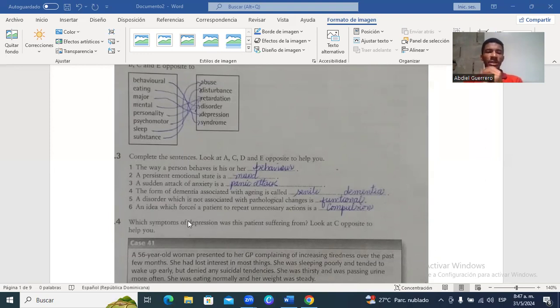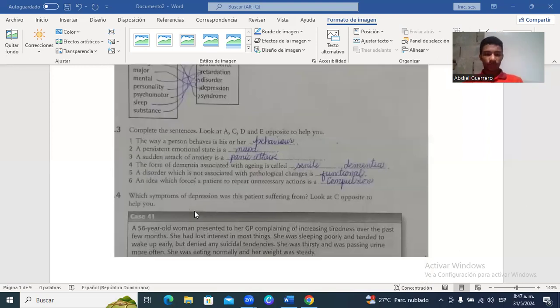The form of dementia associated with age is called senile dementia. A disorder which is not associated with pathological change is functional. An idea which forces a patient to repeat an unnecessary action is a compulsion.